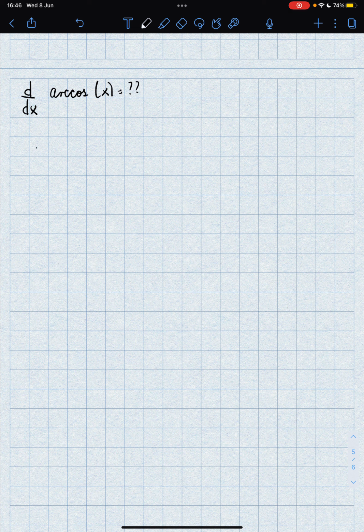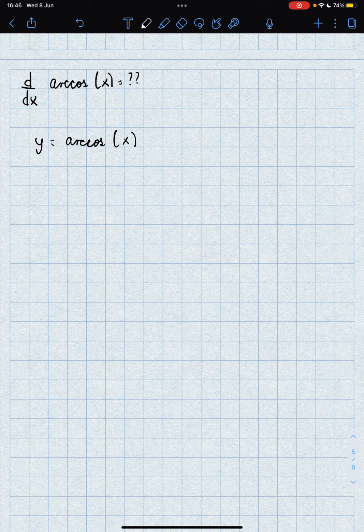At the end, we're gonna have that y is arccosine of x. If I apply cosine to both sides, we're gonna have cosine of y is x. I'm applying cosine on both sides.